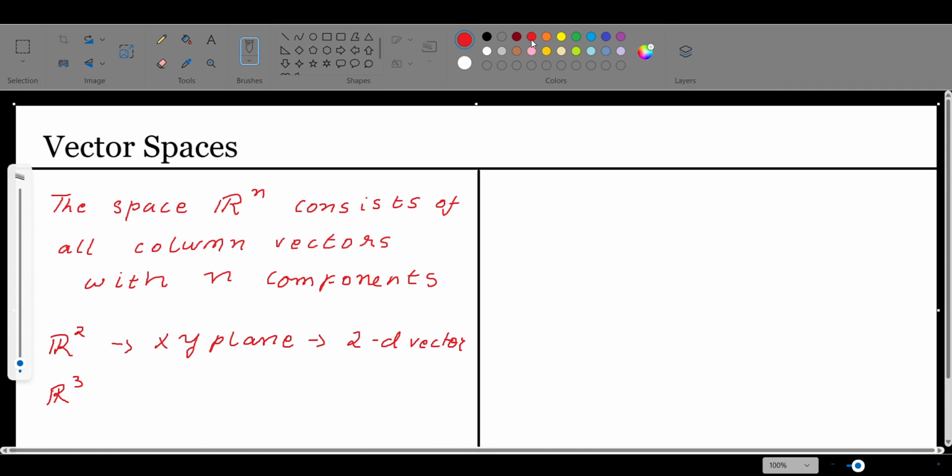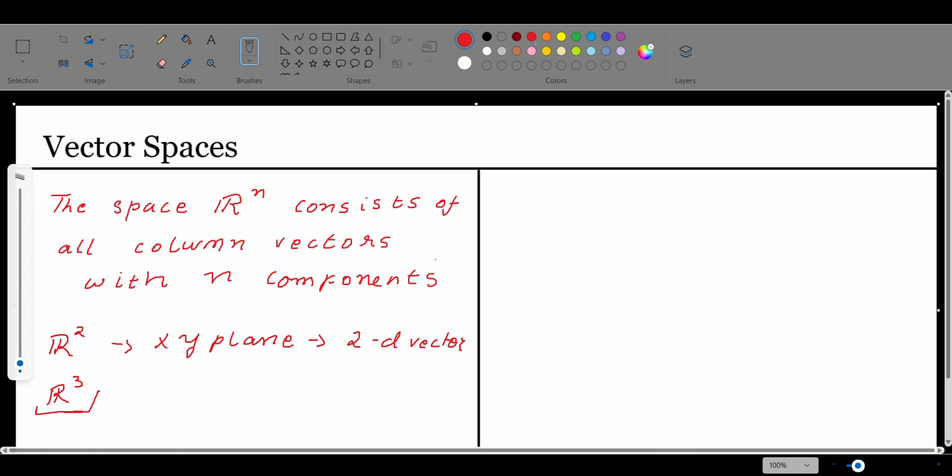Any space bigger than R2 will have all two-dimensional vectors, but R2 is the smallest space that you can find with every single two-component vector. Second thing is that a three-dimensional space will have a lot of xy planes. It won't just have one xy plane. It'll have xy planes at different z values.